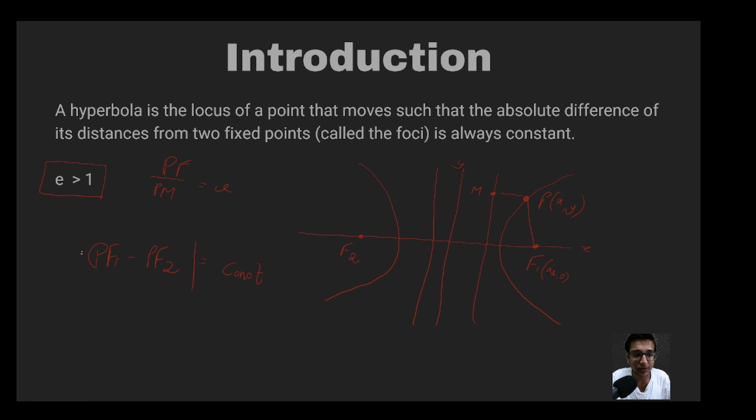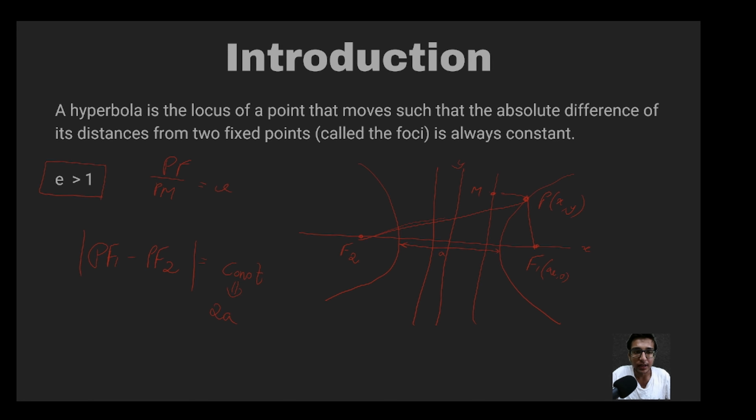We take the mod of this, because of course we do not know which distance is bigger or smaller. And this constant here is nothing but 2a. So |PF1 minus PF2| always remains constant, which is 2a. Now in this case, what is our a? A is this distance. So that is how a hyperbola is made.